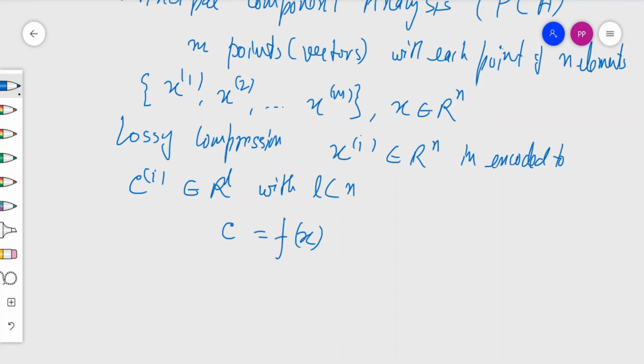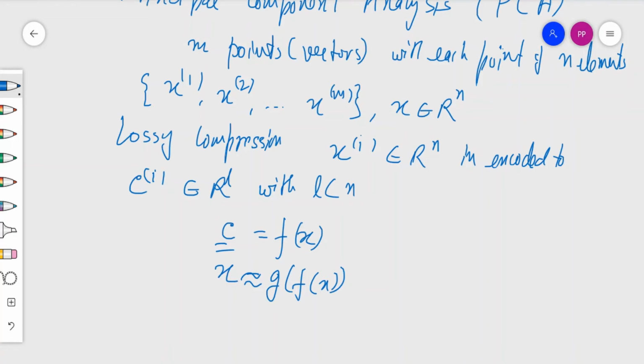So if I use the function g over f of x, then I can have x reconstructed, but this will be an approximation because information may be lost, so there can be loss of precision, and my agenda is to minimize this loss of precision.